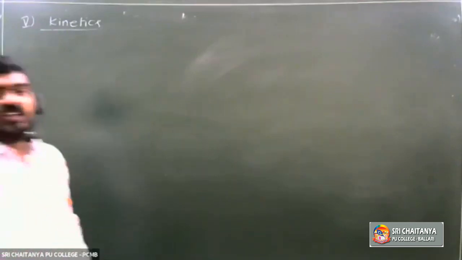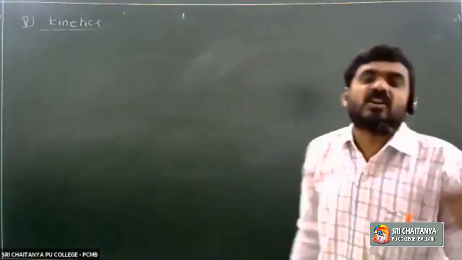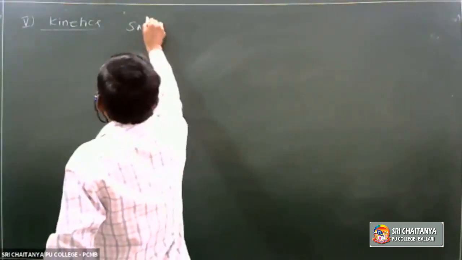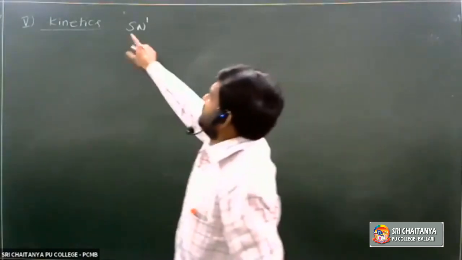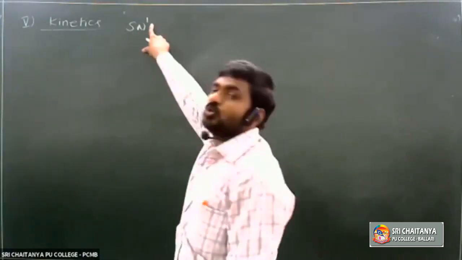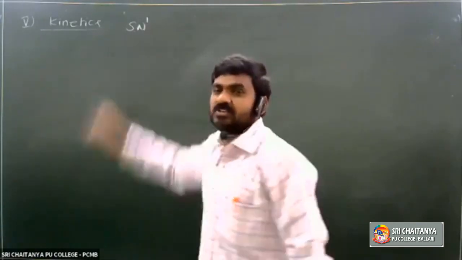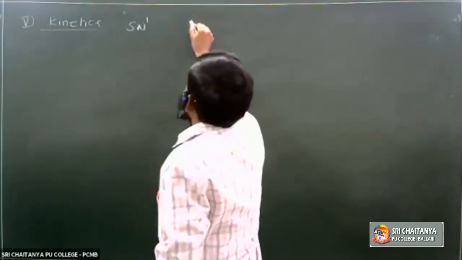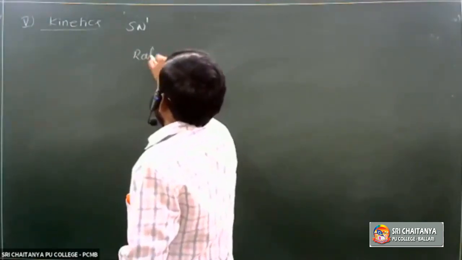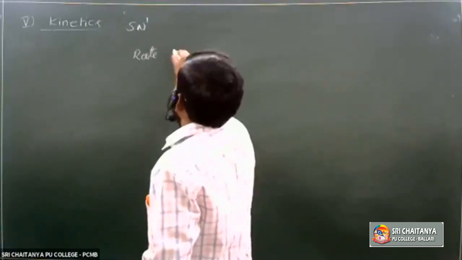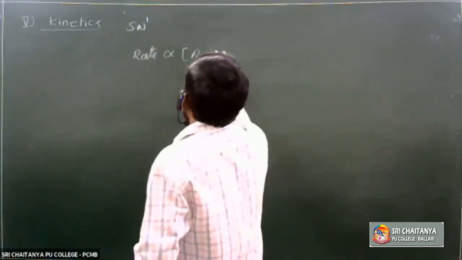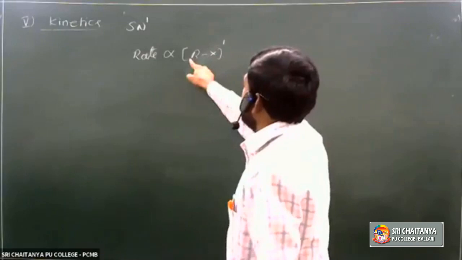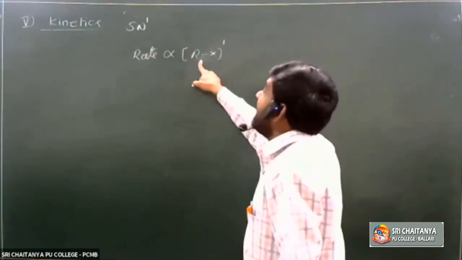Kinetics means either it is a first order reaction or a second order reaction. So take the SN1 reaction: substitution nucleophilic unimolecular mechanism. Unimolecular means that in the SN1 reaction, the rate depends on only one concentration term, that is the concentration of alkyl halide.